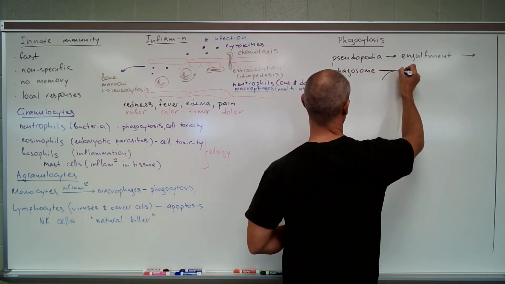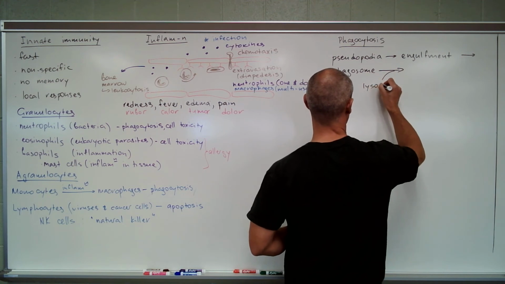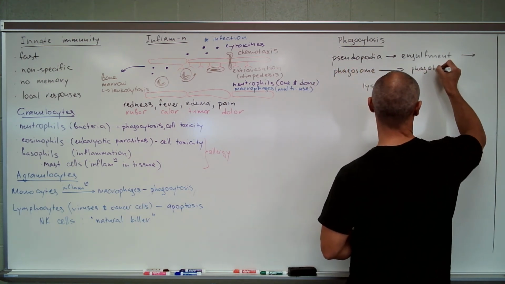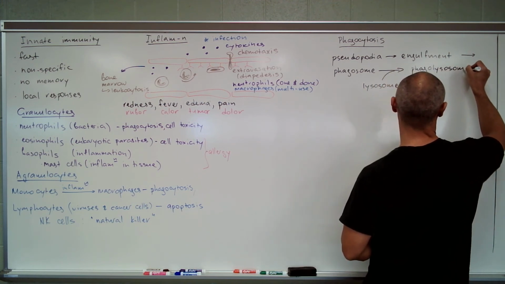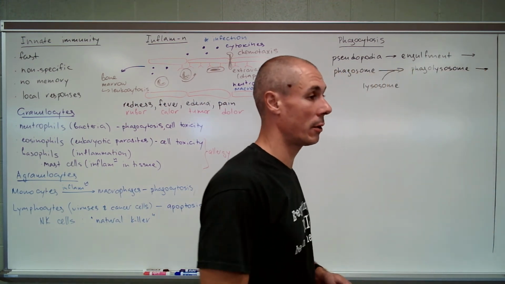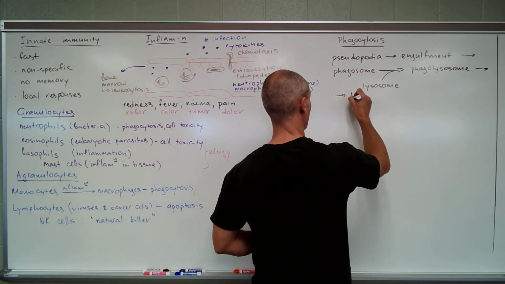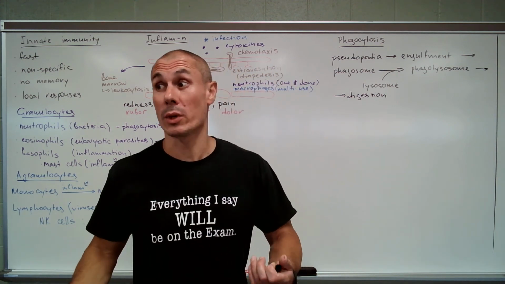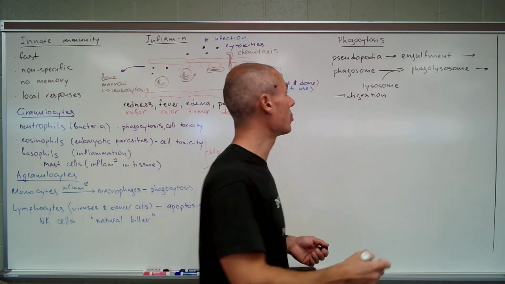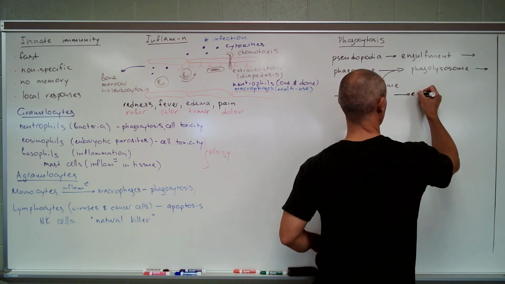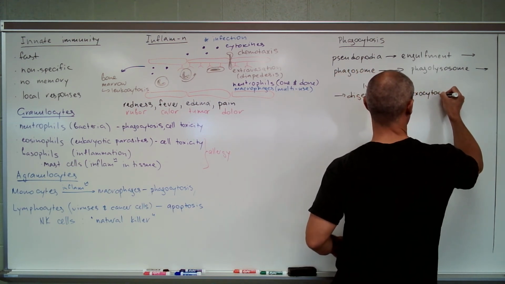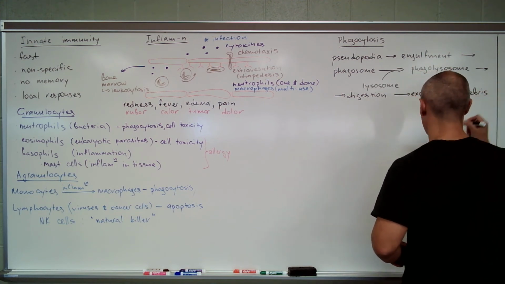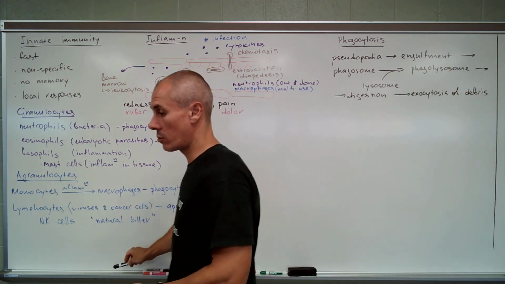Then phagosome fuses with lysosome, forming phagolysosome. And then finally, phagolysosome results in the digestion of whatever was taken into a macrophage and a neutrophil, and exocytosis of debris. So the residue will be released.